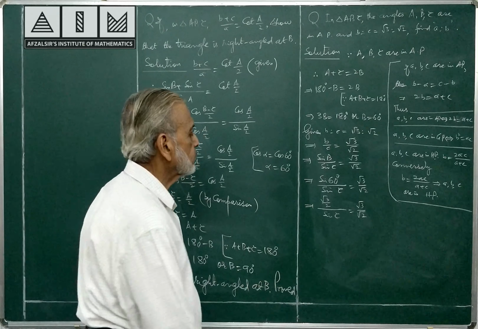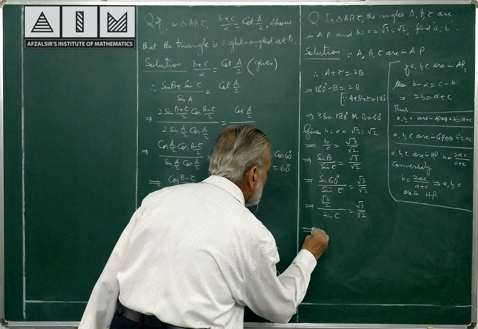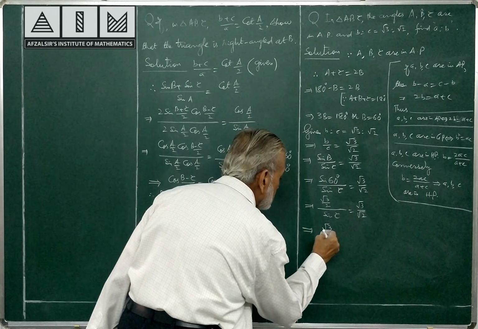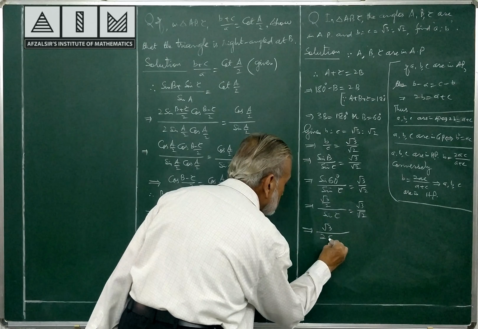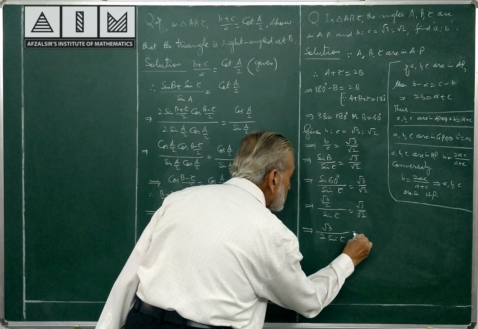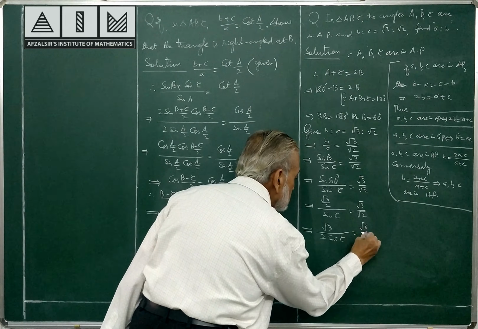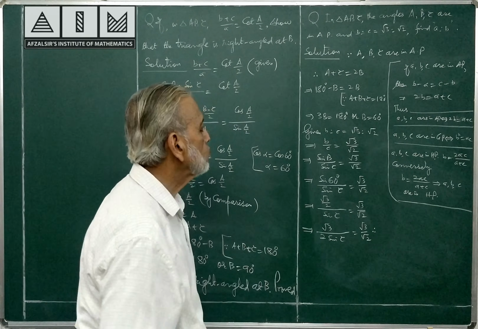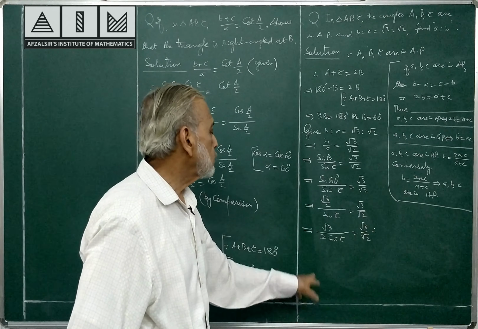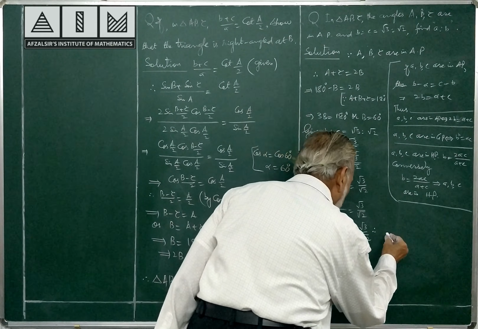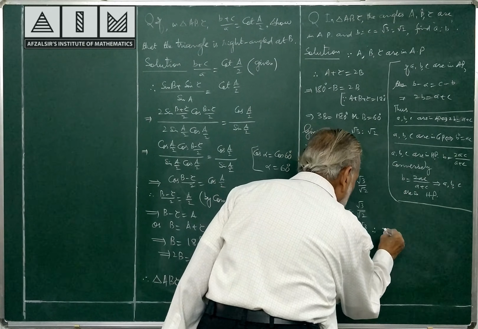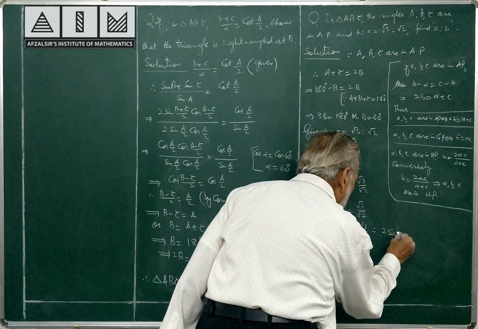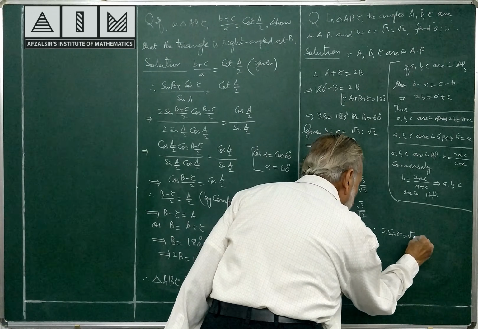I am proceeding. Root 3 will cancel, 2 also will cancel. You will have only this much. Please see here, 2 sin C is equal to root 2.